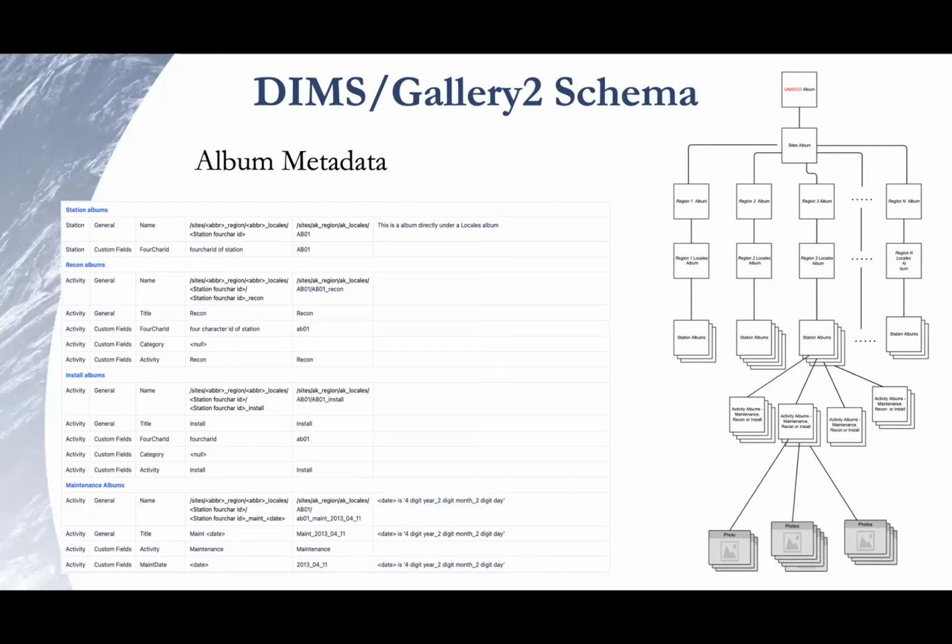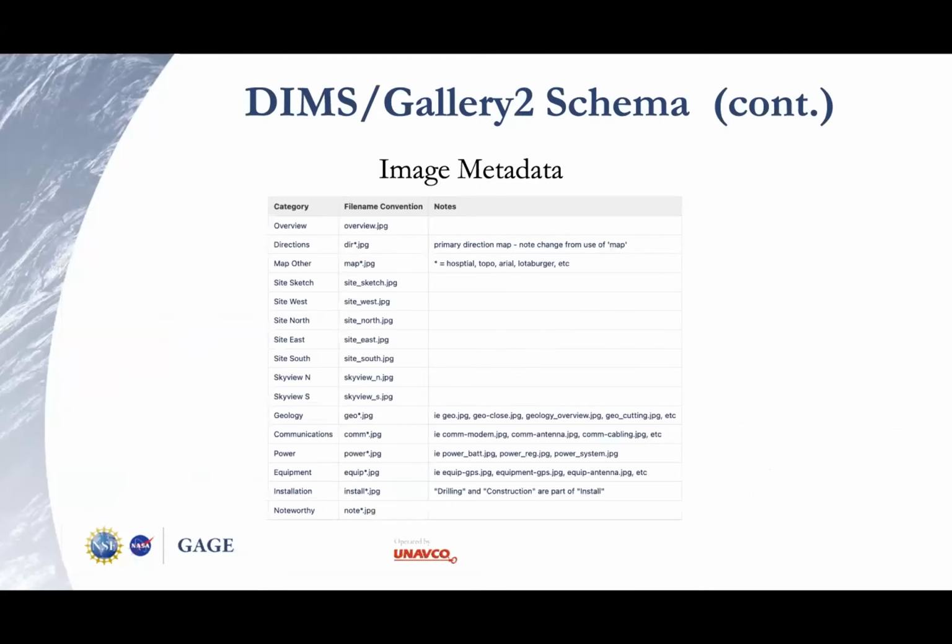These are fields that have been used for 30 years, and we need to support the previous data as well as any new use cases that might arise in the future. This is the structure of what that database looks like, and here's some more metadata associated with some specific image files.